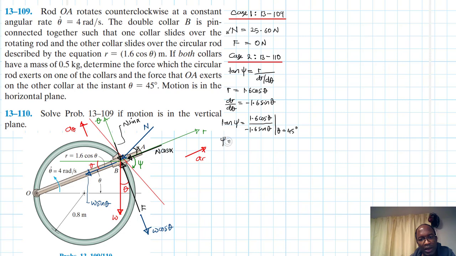Mind you, the 1.6 cancels, and then let's work out this. So we have cos 45 divided by sin 45, which is just 1, and then tan inverse of that gives psi equal to minus 45 degrees.